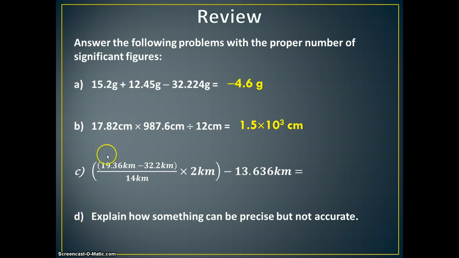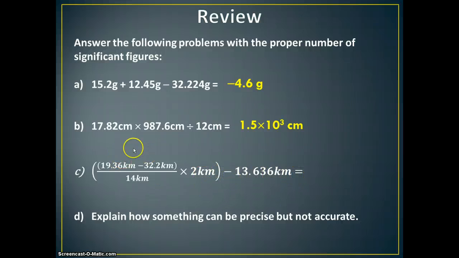When we get to part C here, we have to be worried about order of operations. I'm going to do some things in different orders and then try to decide how many significant figures come out of my answer. If we look at this here, subtracting 19.36 minus 32.2 is going to leave me with a number with 1 decimal place. And then I'm going to divide that by 14, multiply by 2, subtract 13.636.